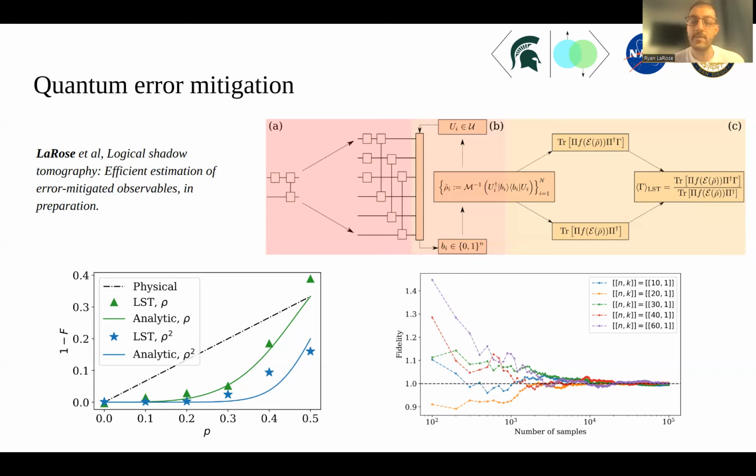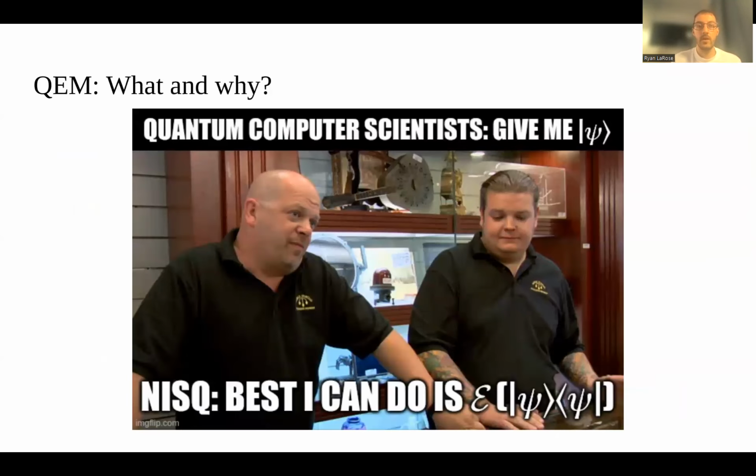The left is using a 5-1-3 code, and so sort of simple experiment there. And then on the right is just showing the convergence in the number of samples, which is in contrast to other methods for doing these techniques. Samples is the sort of the main resource overhead that we have. Yes. Okay, so that's the background section.